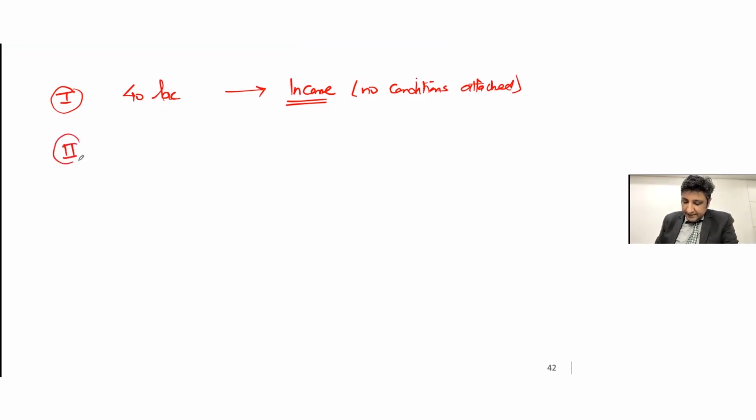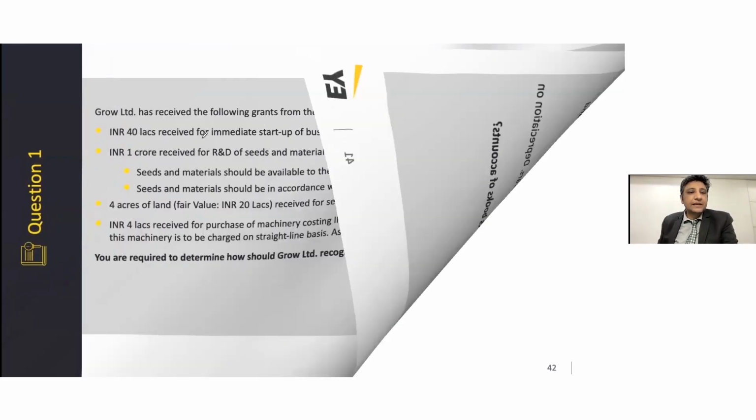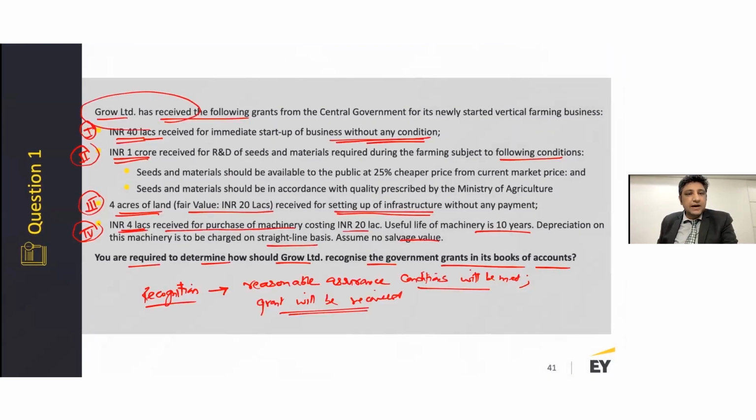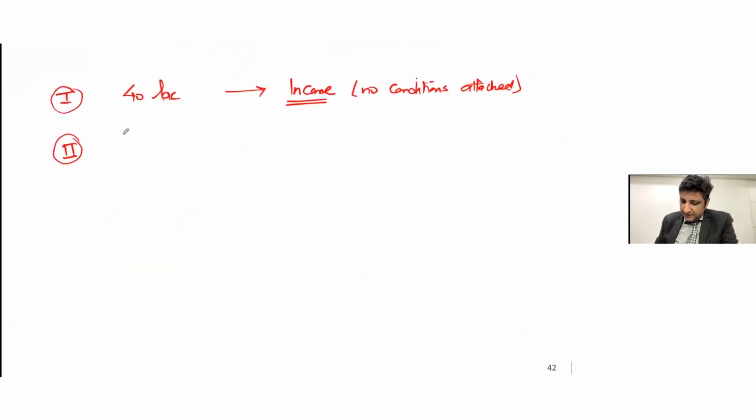As far as the second grant is concerned, which is about 1 crore rupees for R&D of seeds and material, this is essentially in the nature of an income grant, right? Because you will be conducting some R&Ds for the seeds and fertilizers. And there are two ways you deal with this kind of a grant.